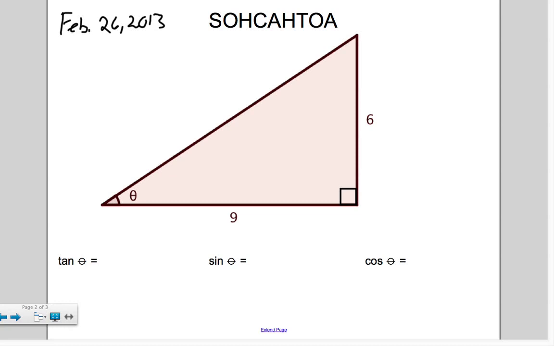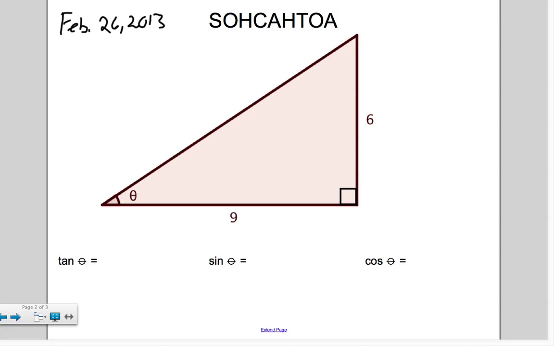This is a triangle that we started off with the tangent ratio with an understanding. Okay, so remember we had that triangle when I drew the grid.